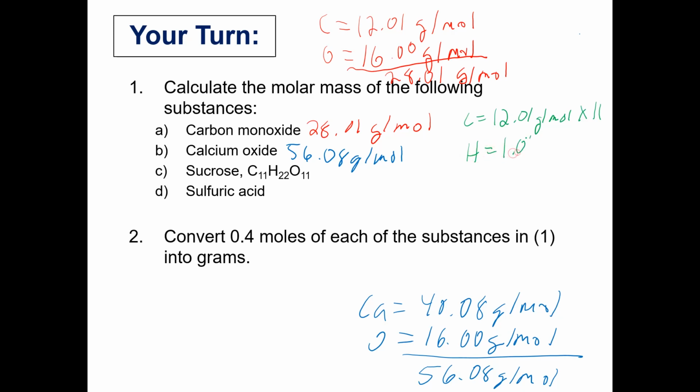Hydrogen has a molar mass of 1.01 grams per mole, and there are 22 of them. And oxygen has a molar mass of 16 grams per mole, and there are 11 of them. So if we add all of that up, we should come up with 330.33 grams per mole.